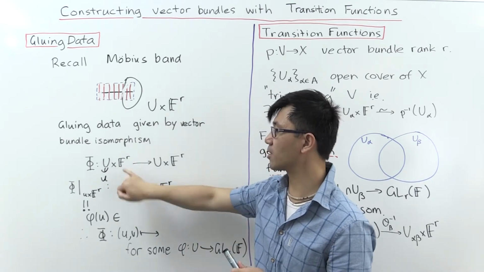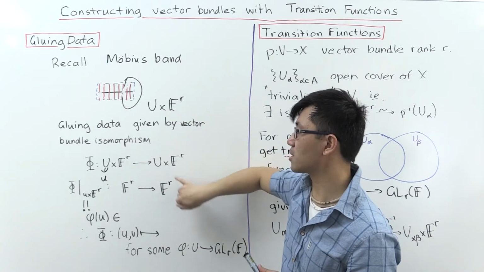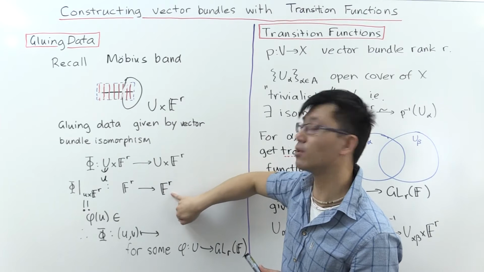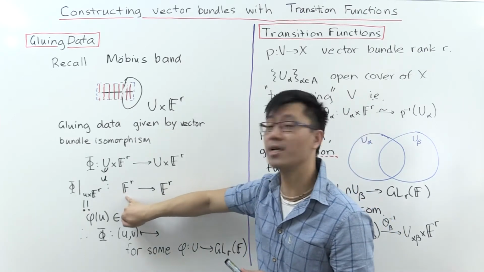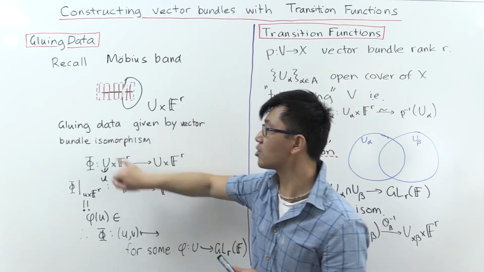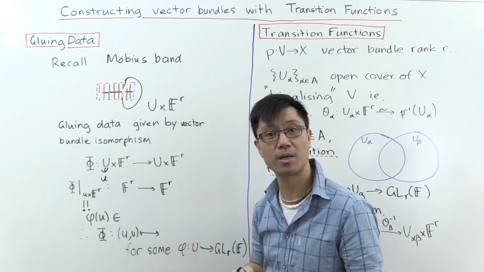So that's going to be the vector space F^R, and similarly on your other strip, it'll be some vector space which is also just given canonically by F^R. And you want to identify these two, and this has to be a vector bundle isomorphism, so this should be an isomorphism of vector spaces.